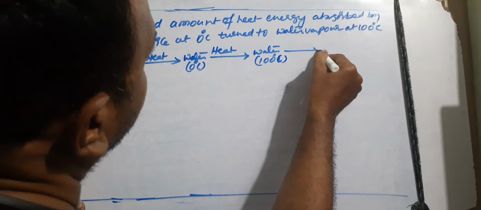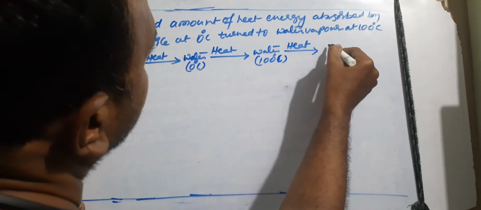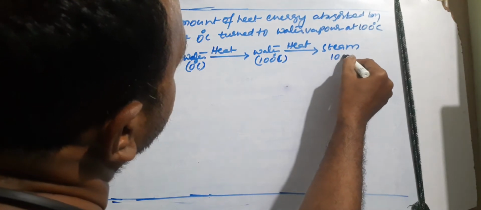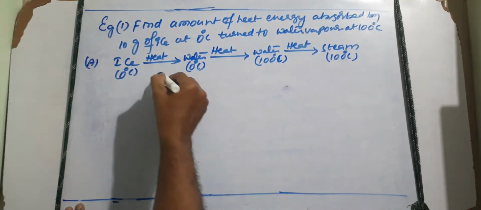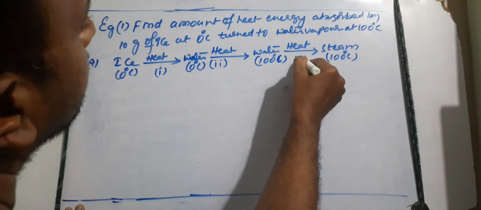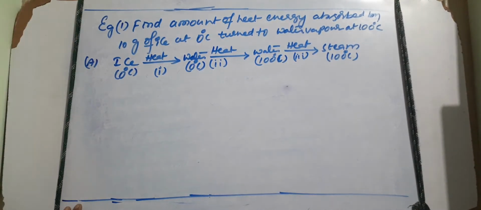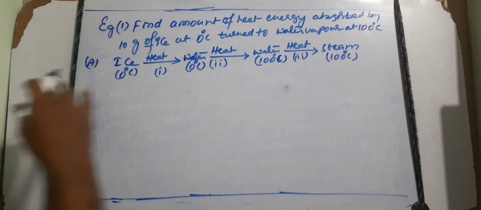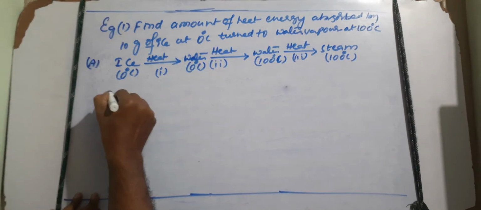On further heating, it goes to water vapor, steam, at 100 degrees Celsius. So you can understand this as stage 1, stage 2 and stage 3. Now in all these three stages, what is the heat energy absorbed? And in all stages, the mass of the substance remains constant.